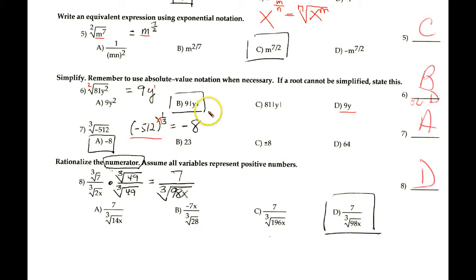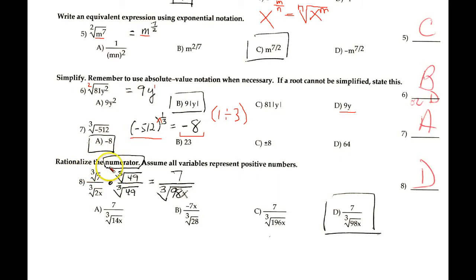So you would then put 1 in parentheses divided by 3, close parentheses, and then this would come up as your answer, -8. So if you cubed -8, you would get a -512.